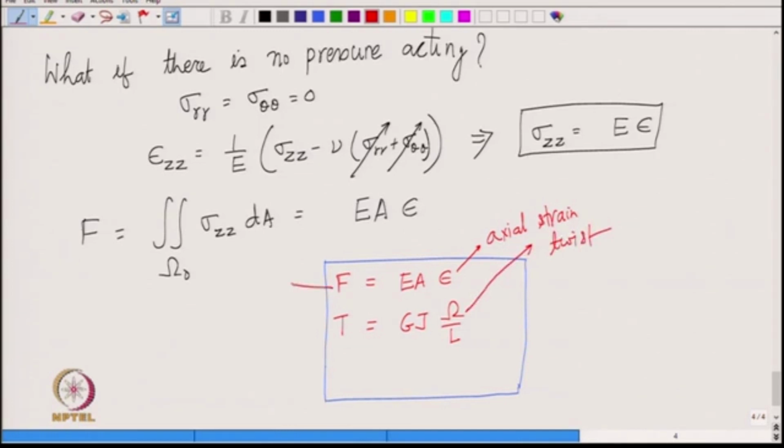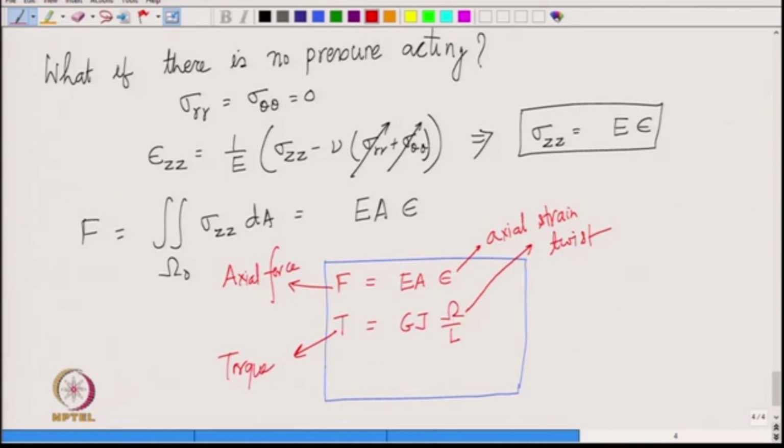And on the left hand side this is axial force and this is torque. So, torque is related to twist and axial force is related to axial strain.